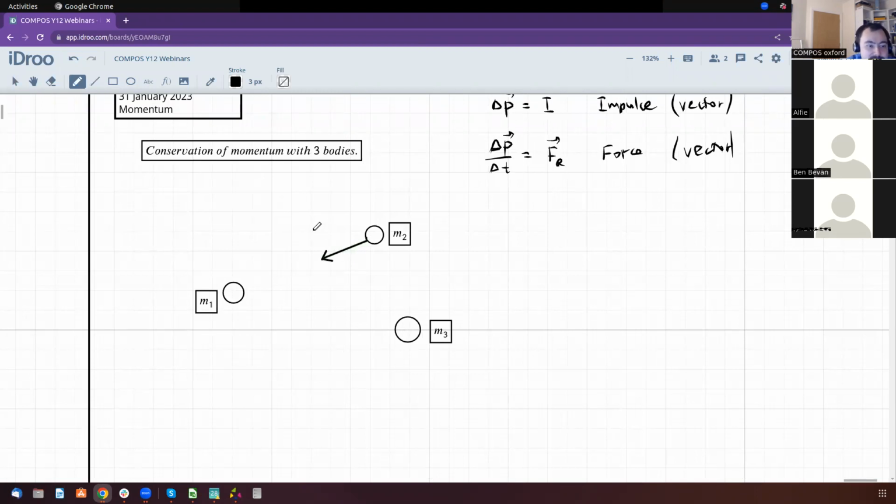And we say this is the force exerted on object 2 by object 1. Now, according to Newton's third law, we have an equal and opposite force on object M1. And that's F1,2. So it's the force on object 1 from object 2.